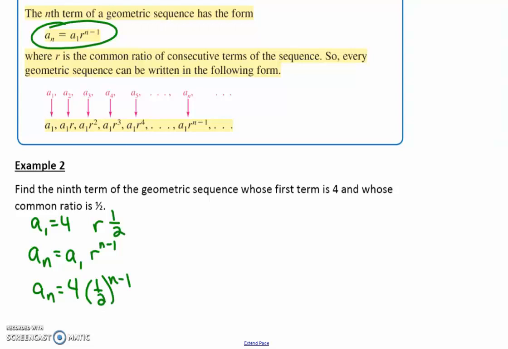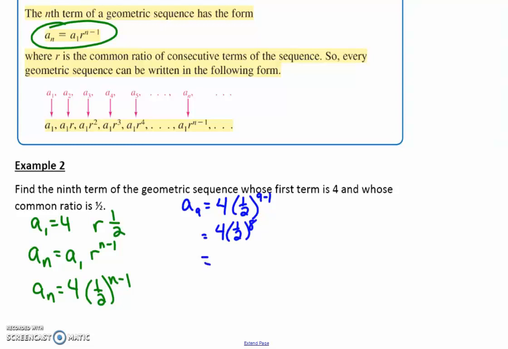So there is our formula. And we want to find the 9th term, so we are going to plug 9 in. So a sub 9 is equal to 4 times 1/2 to the 9 minus 1, so that equals 4 times 1/2 to the 8th.